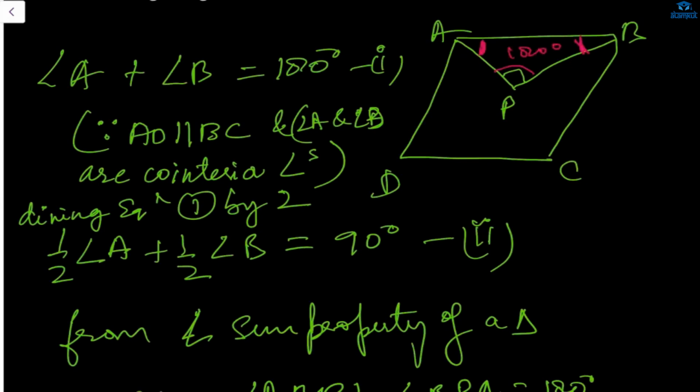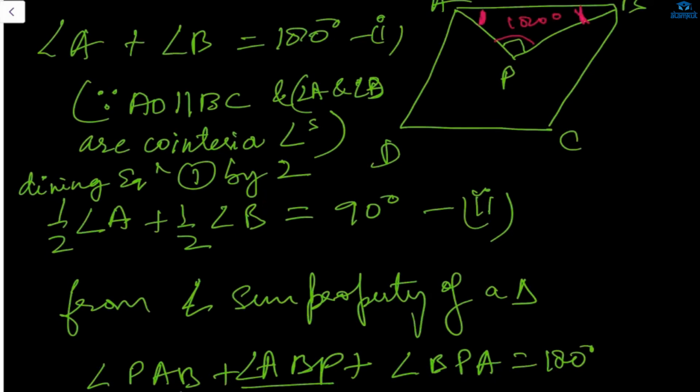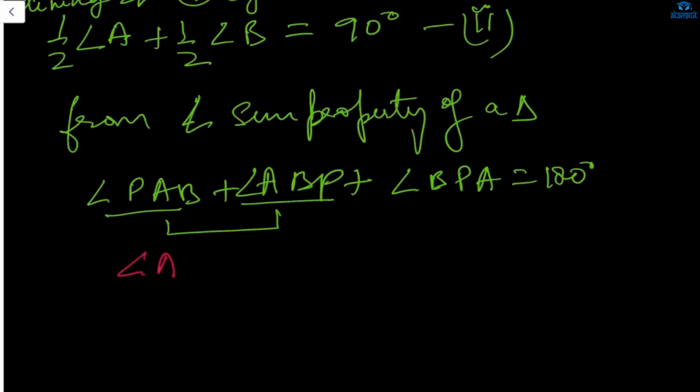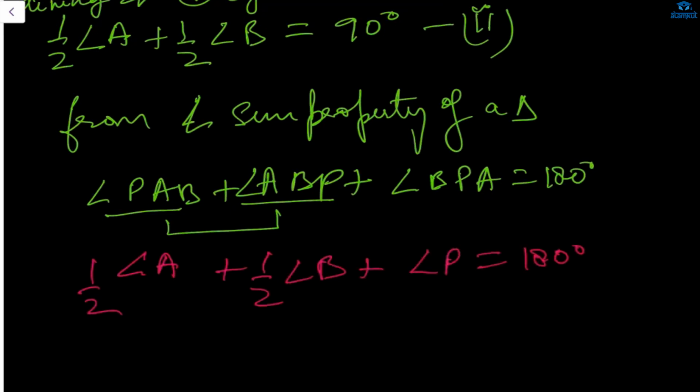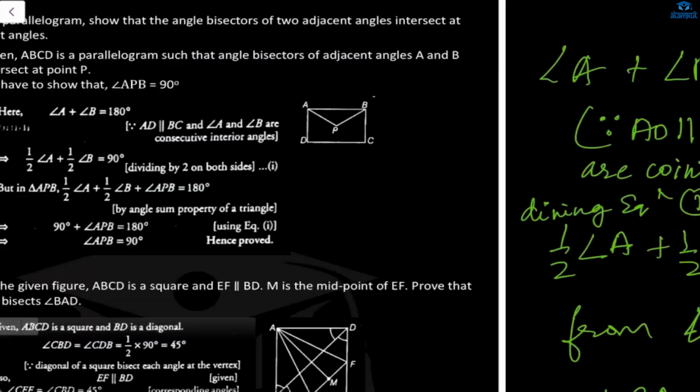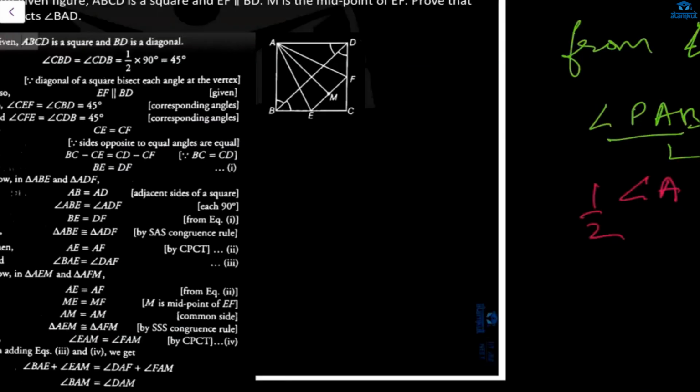So half of angle A, half of angle B, because AP is the angle bisector and PB is also the angle bisector, so half of angle A plus half of angle B plus angle P will be equal to 180 degrees. And half of A plus half of B is equal to 90 degrees, so angle P is 90 degrees. Hence proved. Now this one is a little lengthy question.